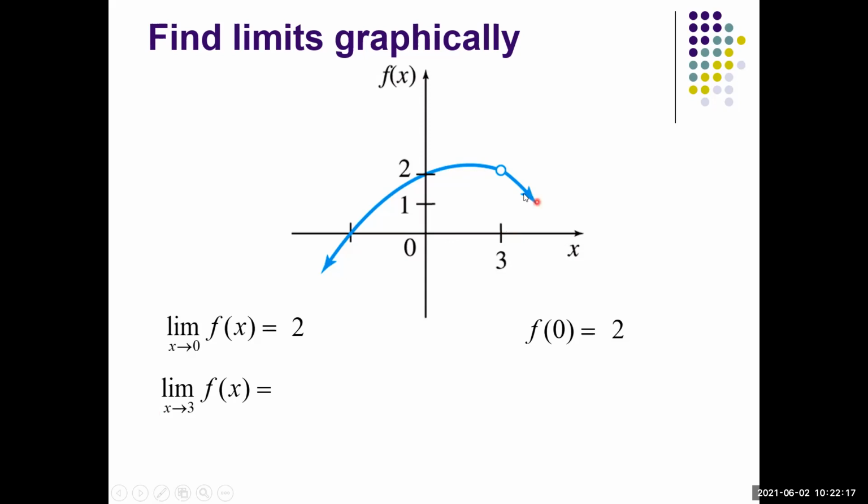And from the right, it's getting to the same spot, 2. Thus, the limit is still 2. Now, the difference is f of 3. When you look at the function at 3, there's no function value at 3, so it's undefined. Okay. So the limit exists, but the function at 3 is undefined.